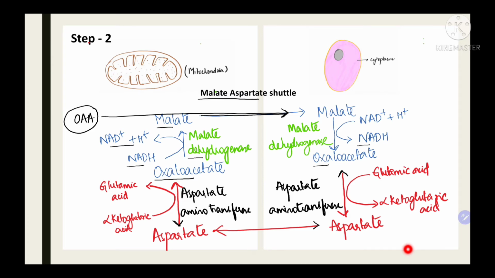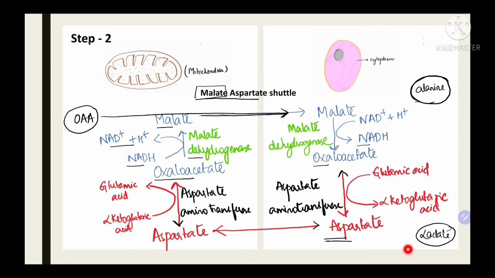One important point to remember is that when alanine is the substrate, that is, when gluconeogenesis is mainly taking place from alanine, then the malate shuttle predominates. Or when lactate is the substrate, then the aspartate shuttle predominates. So this is one important reaction. Now why?